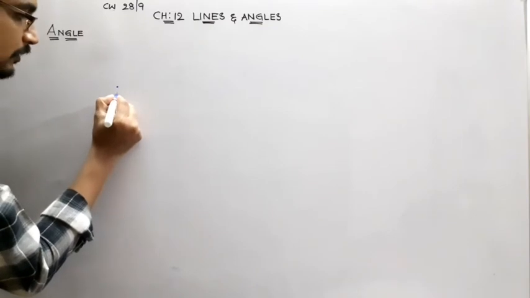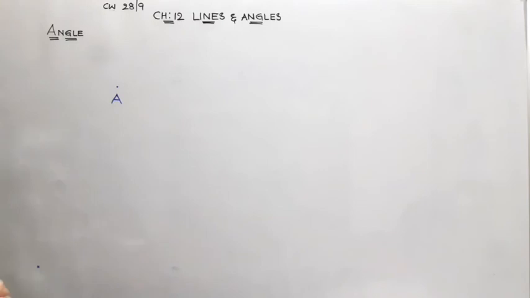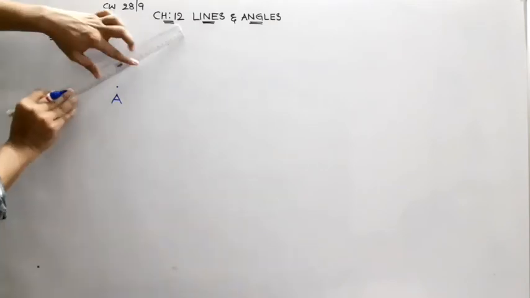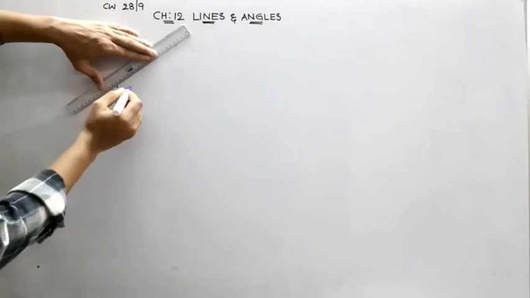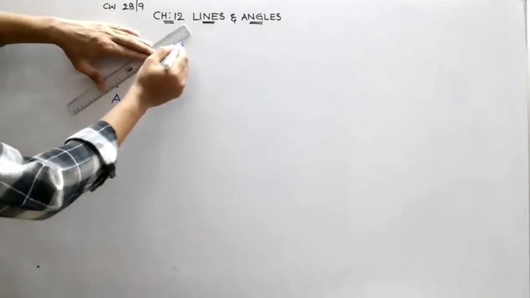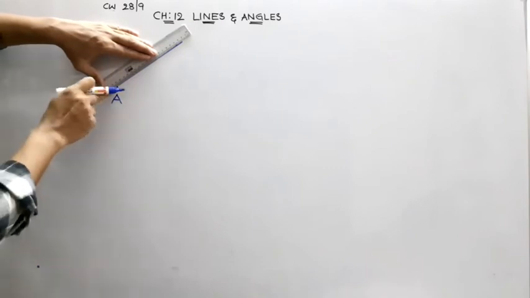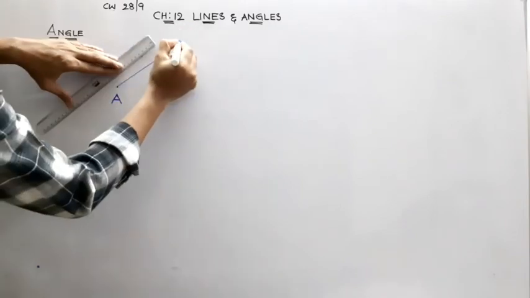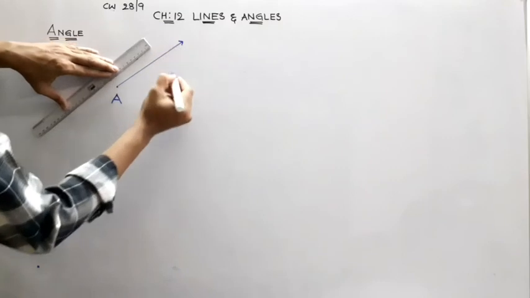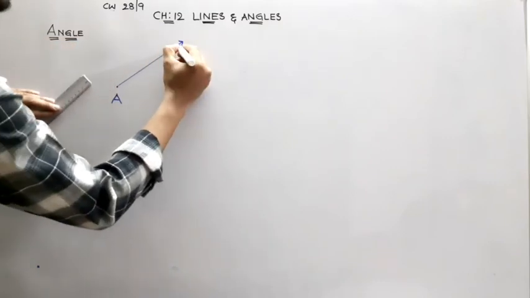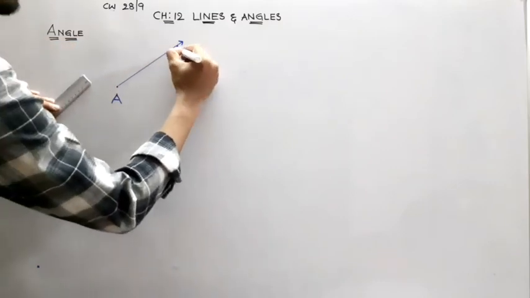From A, I am drawing a ray like this. Please listen to the words carefully, children. I am drawing a ray. As you know, a ray will have one endpoint and the other one will extend like this. So, for instance, let us call it B.